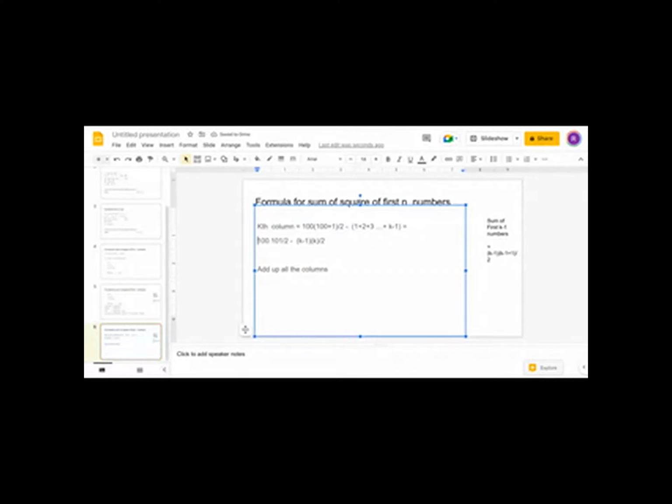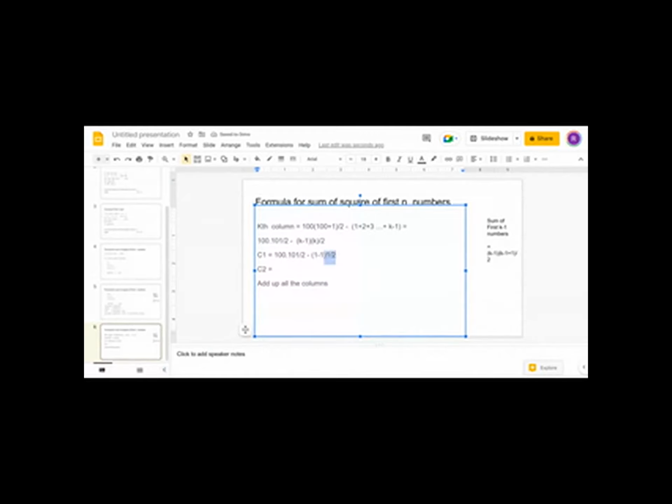So the first column, let me call it C1, will be 100 into 101 by 2 minus, for k equal to 1, 1 minus 1 into 1 by 2.